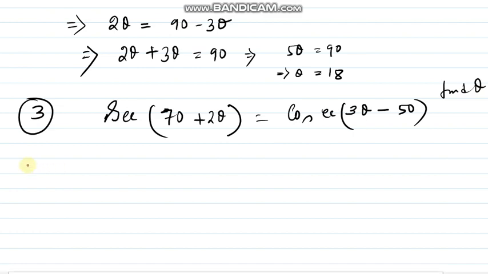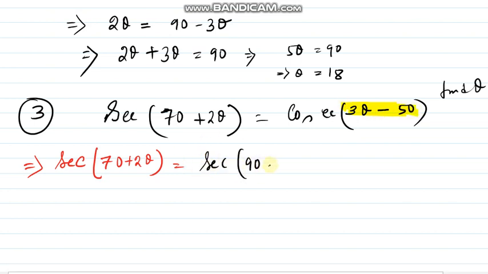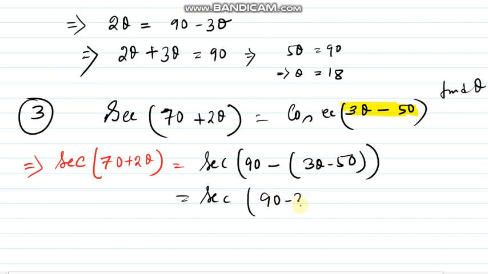So we know that we have this property of sec and cosec in complementary angles. So cosec theta equals what? Cosec theta equals sec of 90 minus theta, right? So that is sec of 90 minus the 3 theta minus 50.